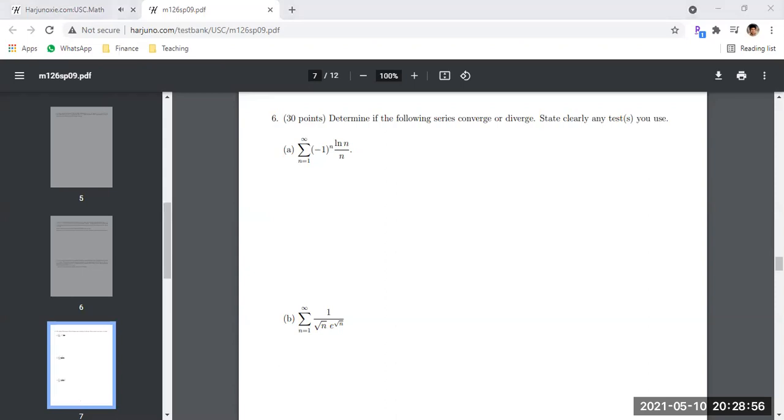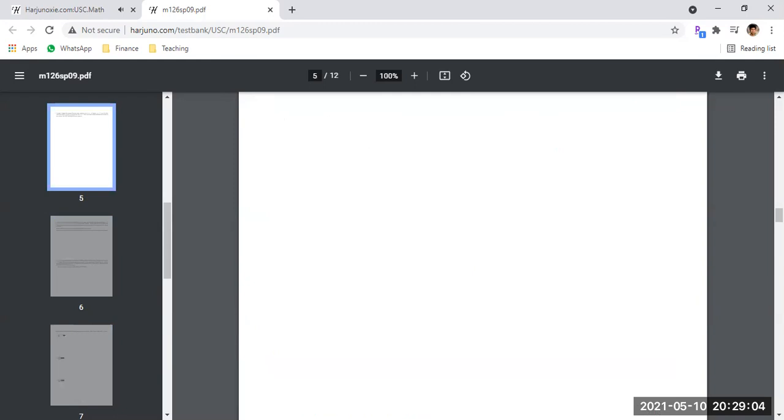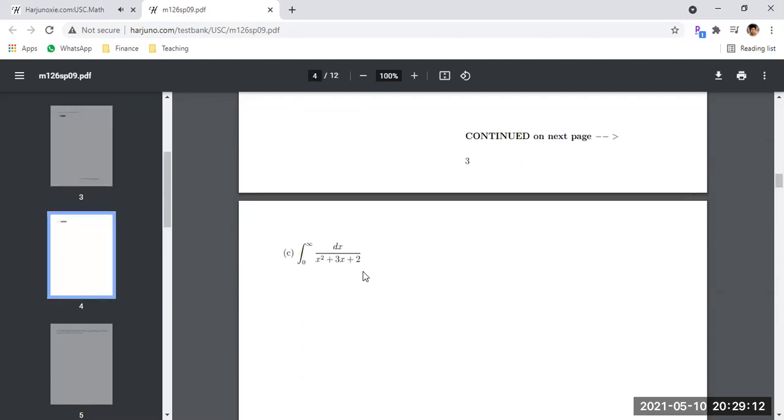Okay, which question did I use? Oh, I didn't take any question from here. This is already series. Any sequence. So you see, this one is partial fraction decomposition, right? Plus, this is an integral to infinity, right?